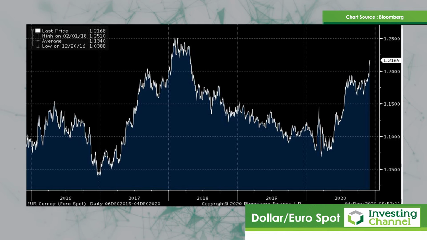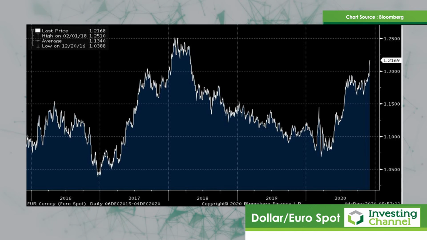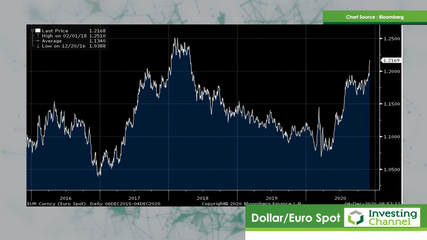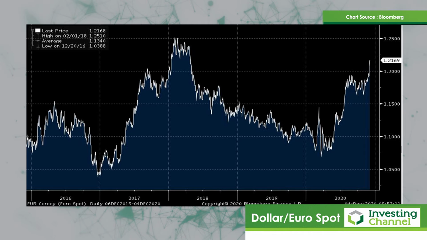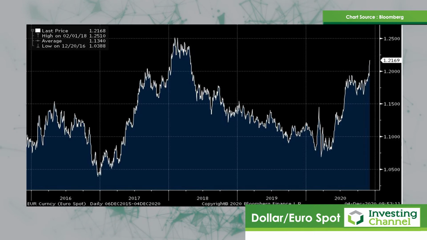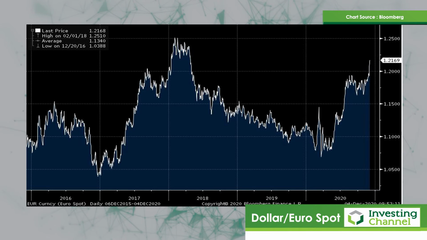By comparison, the ECB certainly is looking to extend its portfolio, perhaps cut some rates on some of its programs, and indeed extend the timeline for its QE. Therefore, on balance, that's a more euro negative factor.